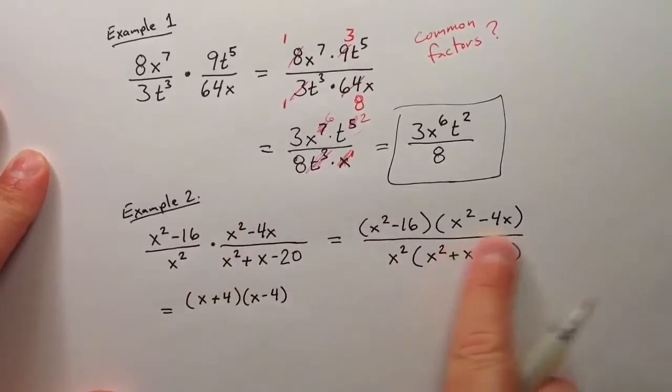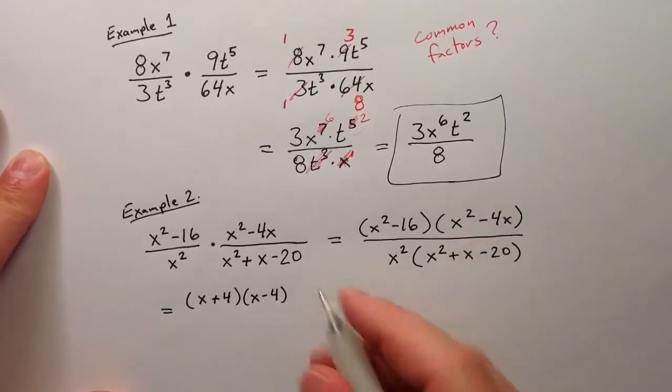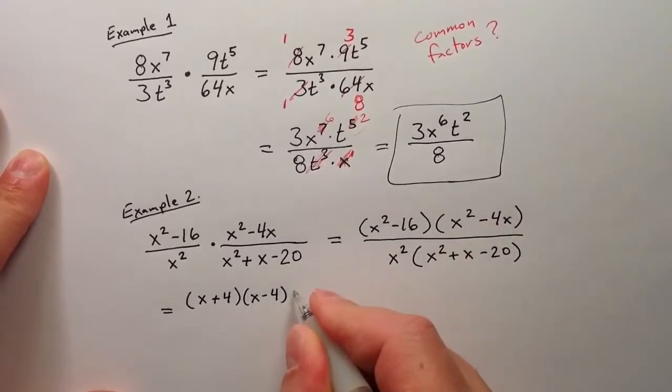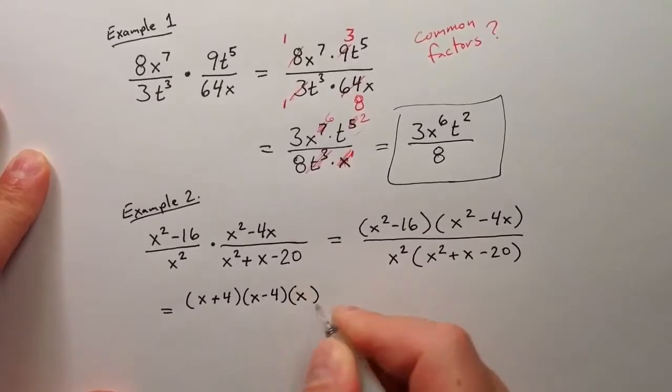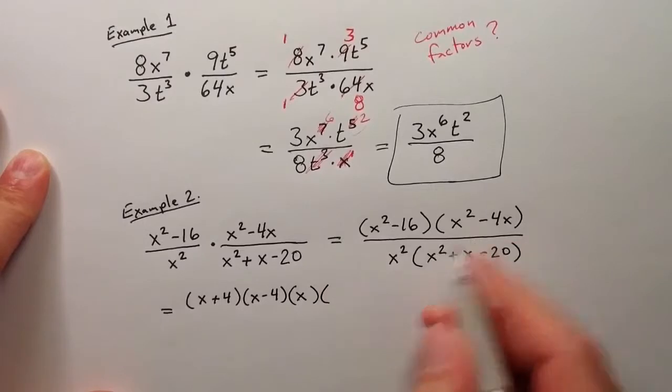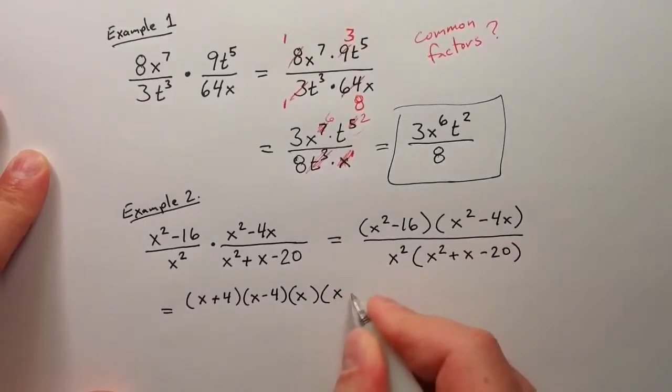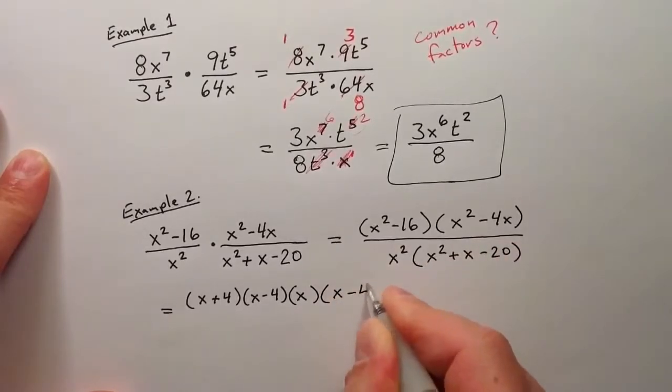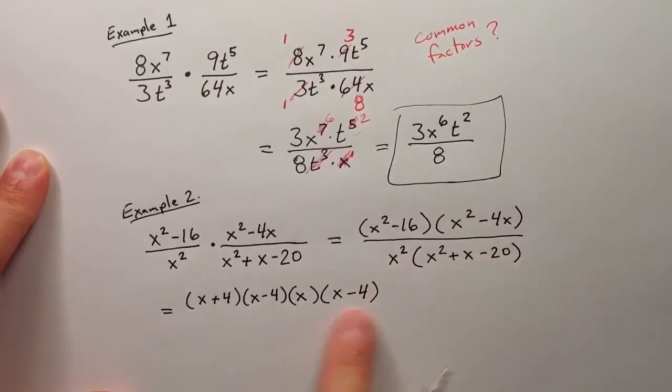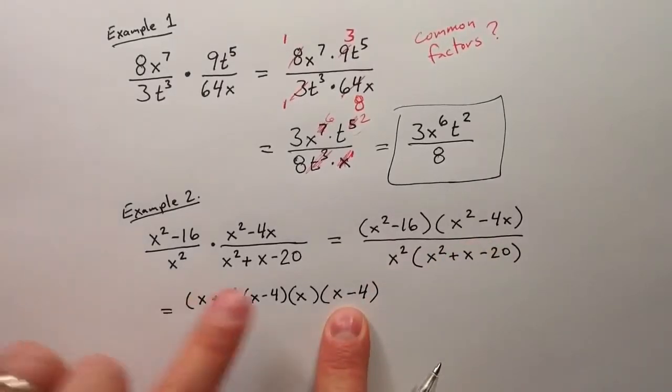And then here, both of the terms in this second set of parentheses share a common factor of x. So let me now put that in parentheses. I can factor out an x, and then what's left behind is x squared leaves an x behind, and 4 times x leaves a 4. So we end up with x minus 4.